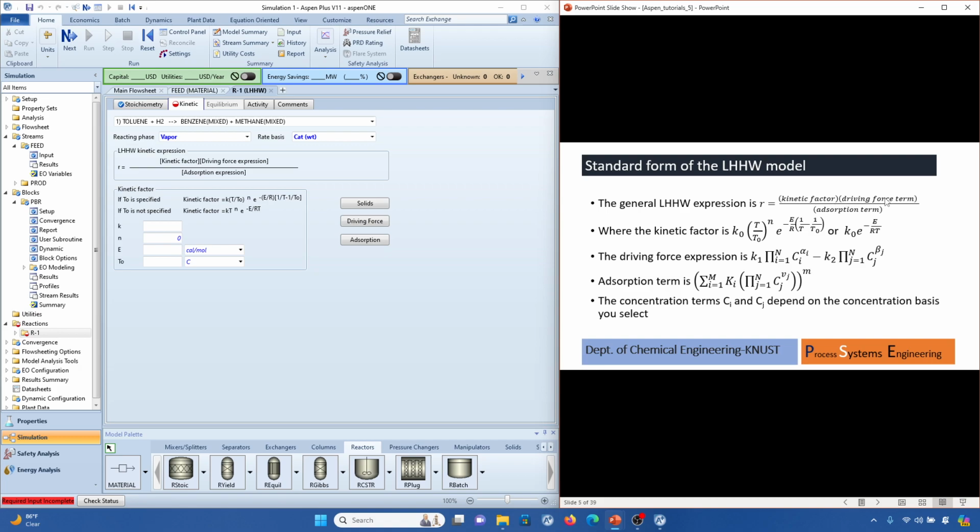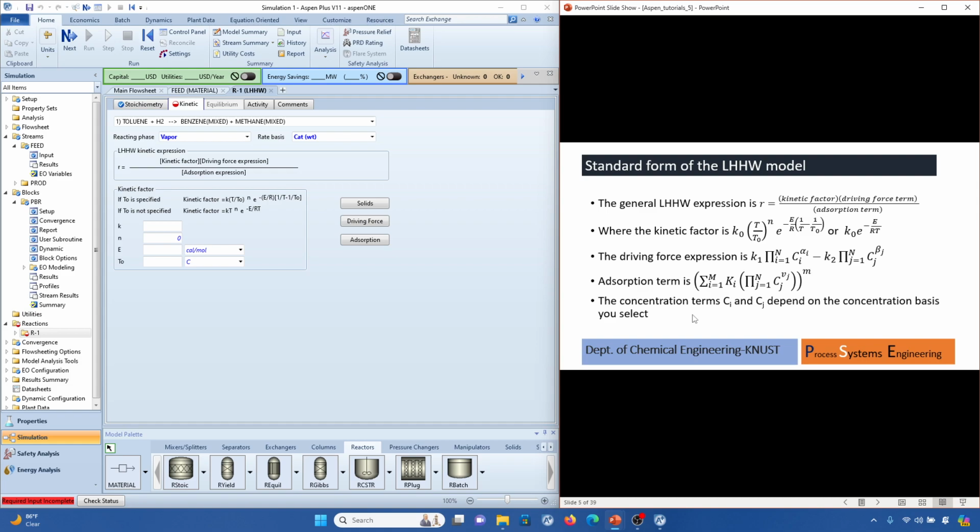Then there's a driving force term, and then an adsorption term. The kinetic factor, the first term, is Arrhenius dependent, that is, temperature dependent. Then the driving force term, depending on whether it's a reversible or irreversible reaction, one of these might or might not be present. We have the adsorption term, which is a sum of products of adsorption constants and concentration terms.